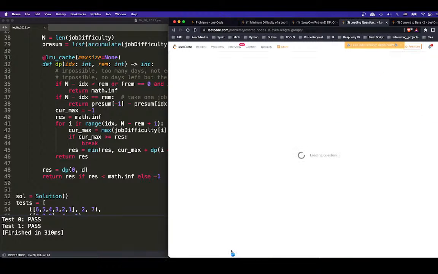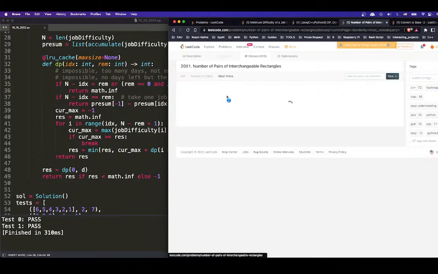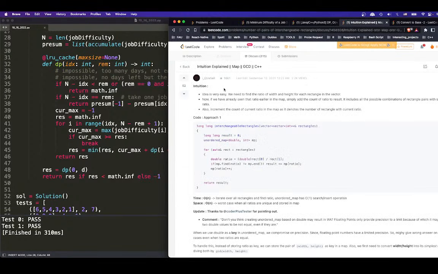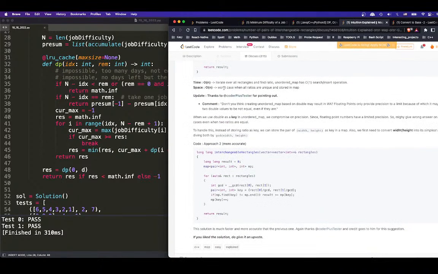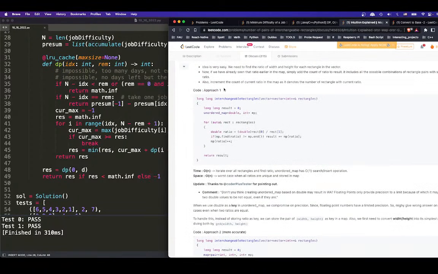I'll roll the next one. Actually, hold on. Maybe we should check the discussion. Map GCD. Choose a double. Can't even do that. Map can do ratio? Oh wow, I did not know that.